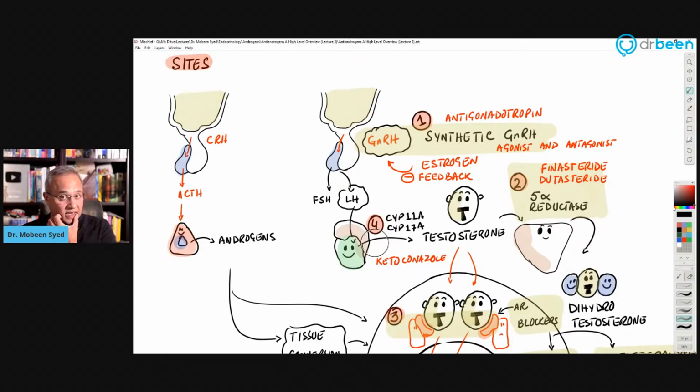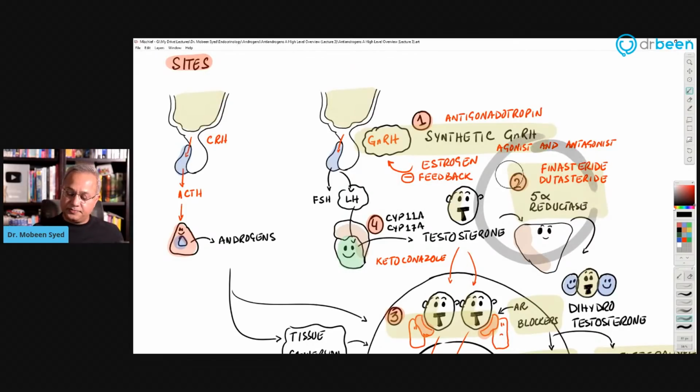So these are anti-gonadotropin hormones or drugs. These are synthetic GnRH. These could be antagonists to GnRH, and these could be estrogen. Three primary types. Then let's continue.